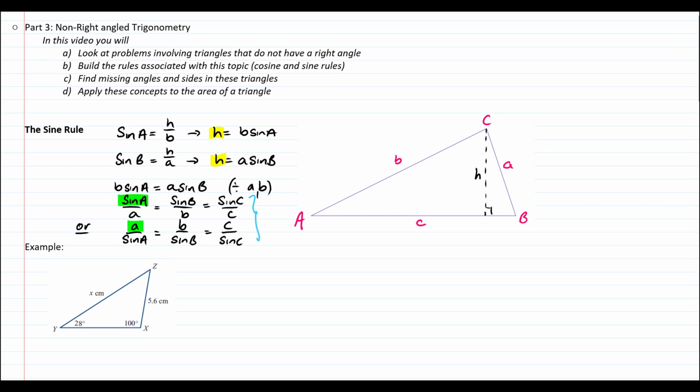So let's have a look at a quick example. Here is a triangle, and we've got vertices x, y, and z. Now, until you're really comfortable, you may wish to denote them A, B, and C again, just to help you out.